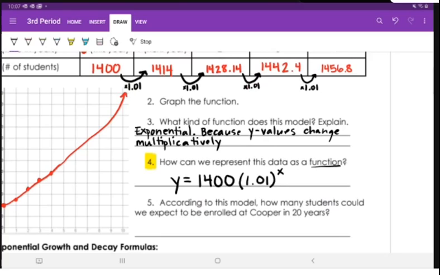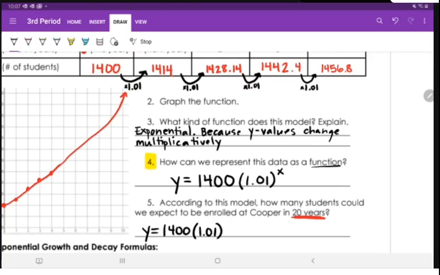So the next question, question 5, asks us to make a prediction. According to our model, how many students will Cooper have 20 years from now? How would we solve this? Well, the key word here is 20 years. We are representing years with the variable x. So all we have to do is put 20 in for x, and you can use your calculator for this.